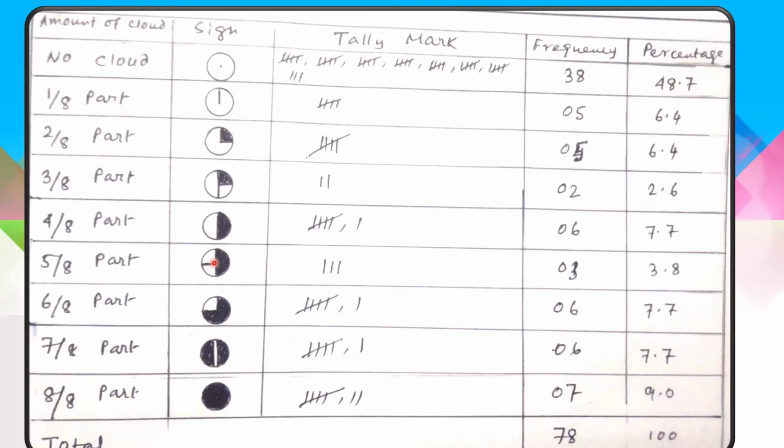In India, clear sky is found mostly, that is, frequency is 38, that means 38 stations or 48.7% stations experience no cloud condition, while 9% stations experience overcast condition, that means the whole sky is covered with cloud.